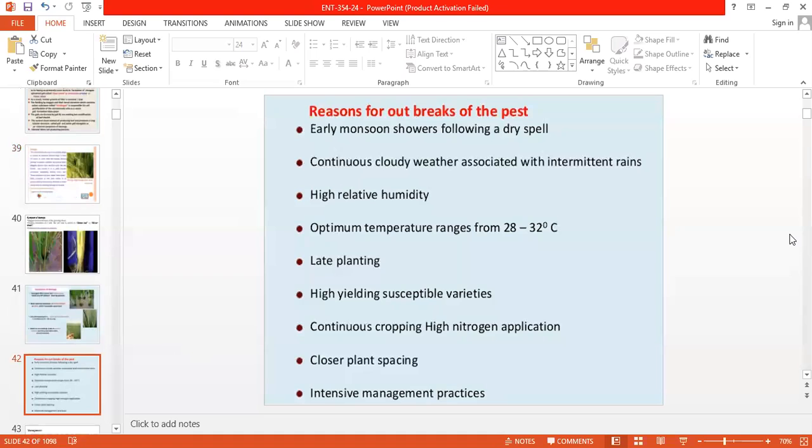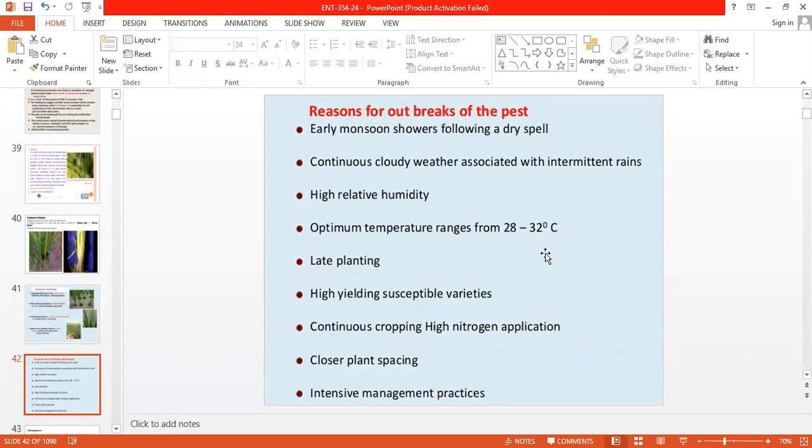The main reasons for the infestation: early monsoon showers followed by a longer dry spell, continuous cloudy weather associated with intermittent rains, meaning without continuous rains the infestation will increase.